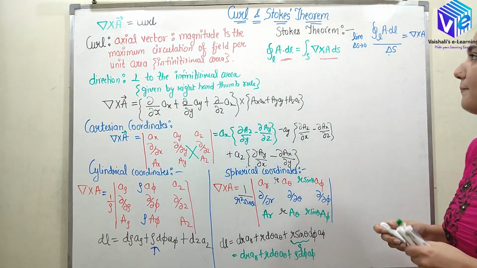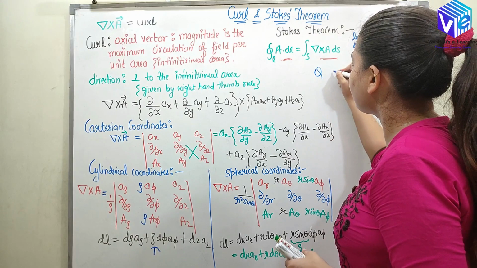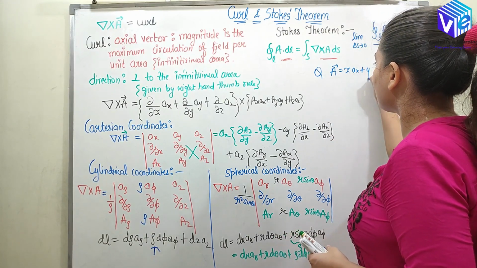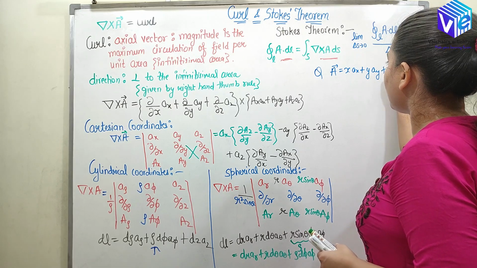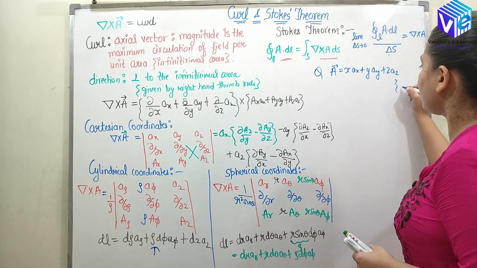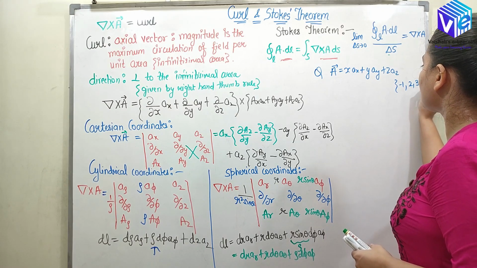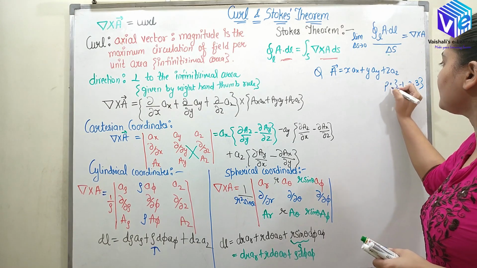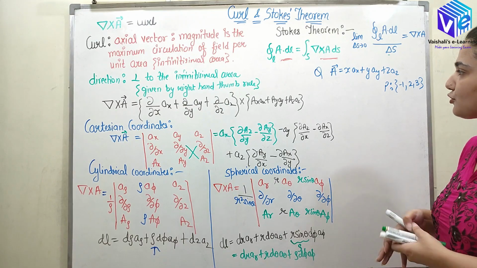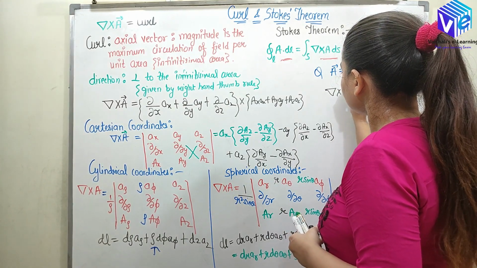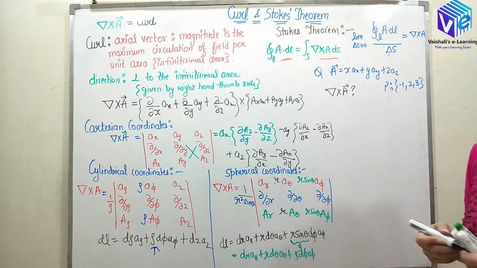Now coming to the example, we'll be seeing a very basic example. So now if I am taking A to be x ax plus y ay plus z az, and let's take my point to be again (1, 2, 3)... minus 1, 2 and 3. So this is my point P. So now I need to find out del cross A. Okay, so how can I find out?